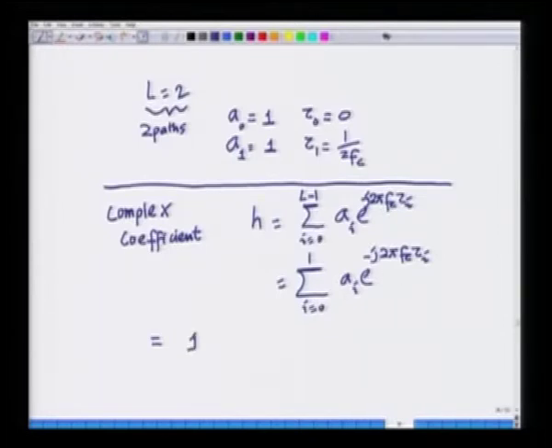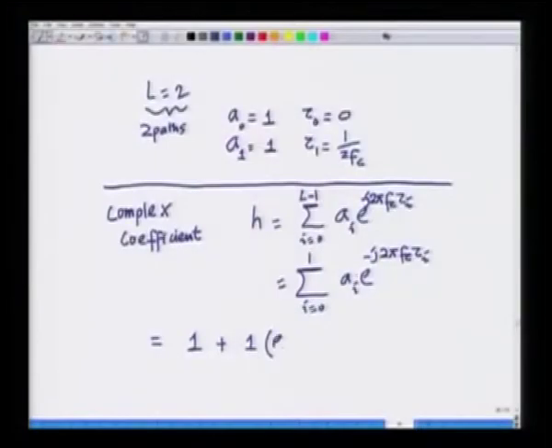So, this is 1 plus A1 times e power minus j 2 pi F c tau 1, A1 is 1, into e power minus j 2 pi F c times tau 1, which is 1 over 2 F c. So, this is e power minus j pi. Now, you can see this value, e power minus j pi, is minus 1. So, this is 1 plus minus 1, which is 0.